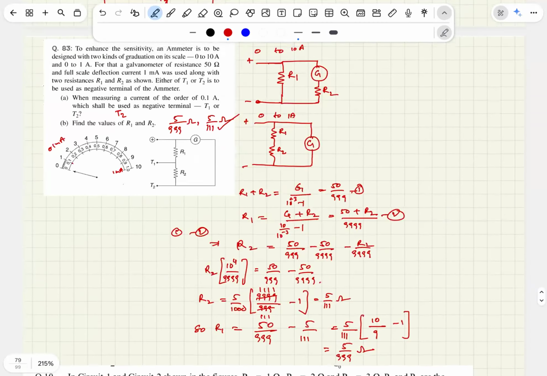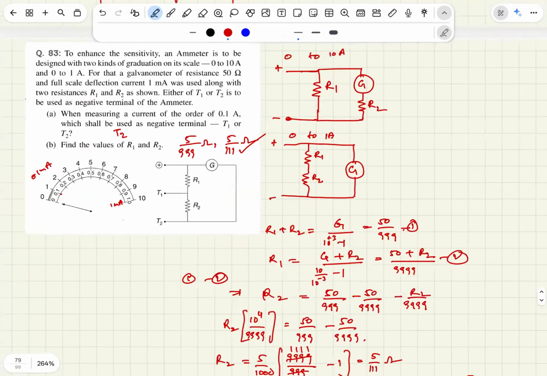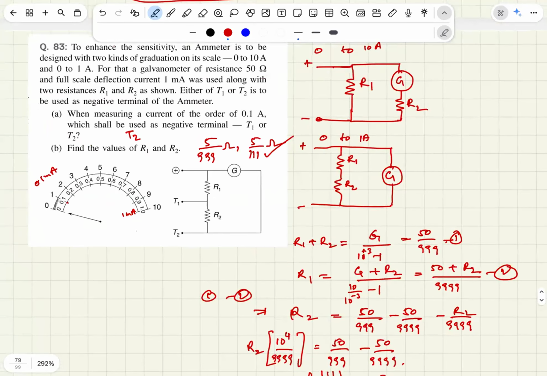This will be the last question. To enhance the sensitivity, an ammeter is to be designed with two kinds of graduations on its scale.